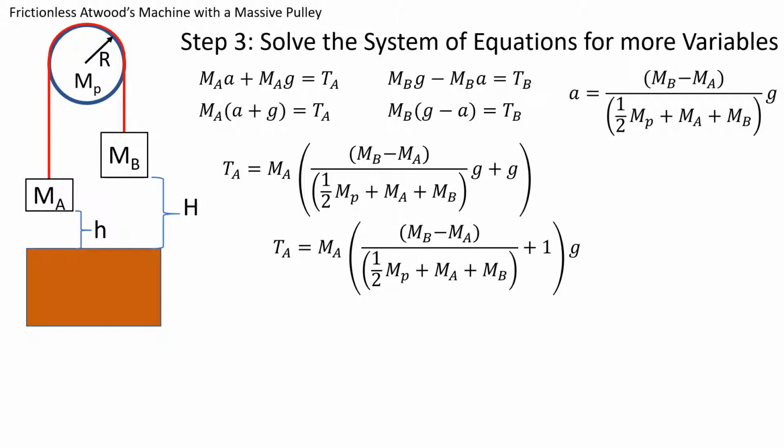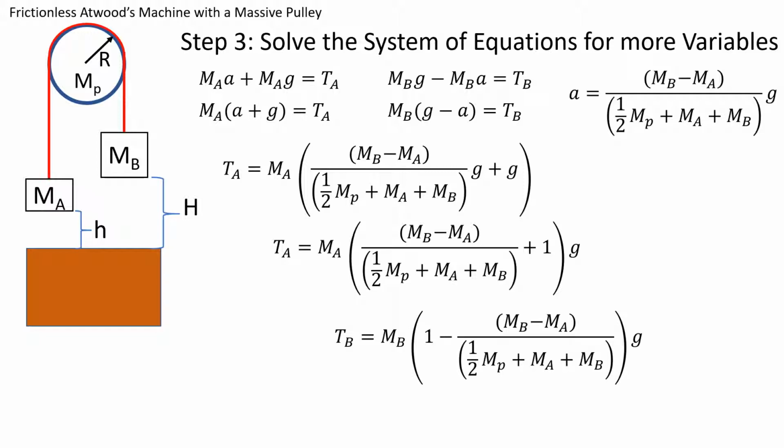Inside of the parentheses here, we have a fraction, which has no units, and then the number 1, which has no units. And then outside of the parentheses, we have the mass and the gravitational acceleration. And we know that force equals mass times acceleration, so we know that this is going to have the right units, so that's a good sign.